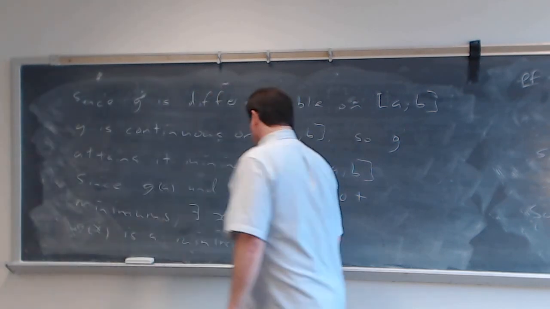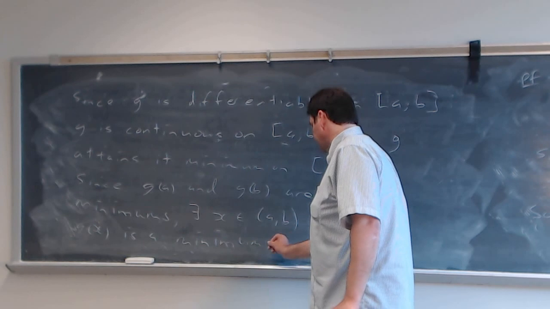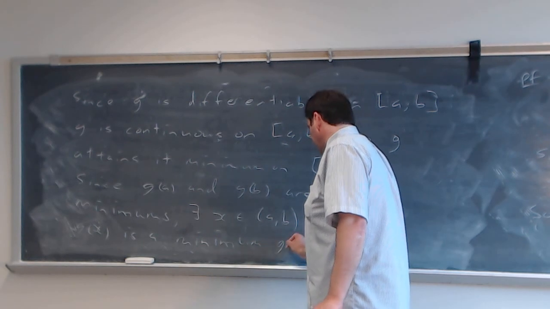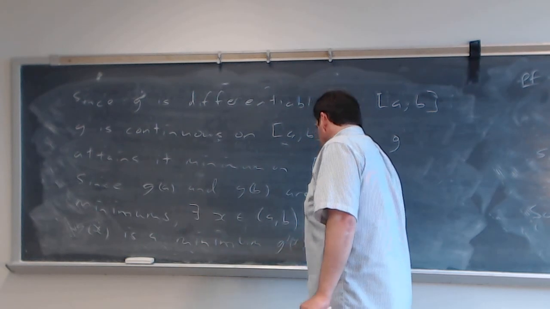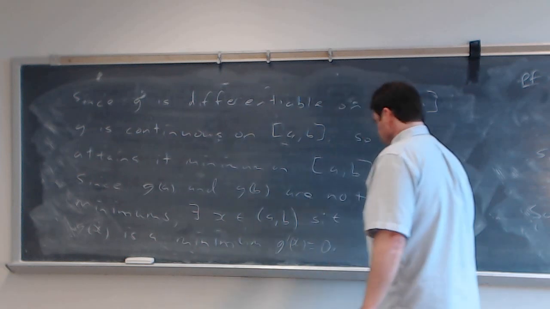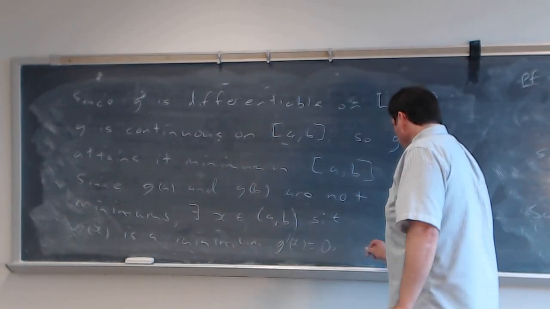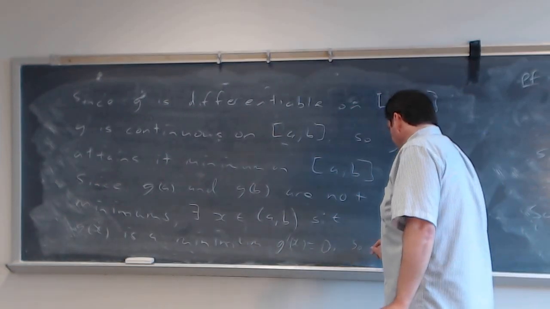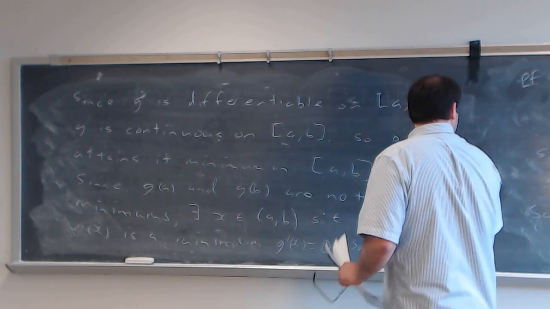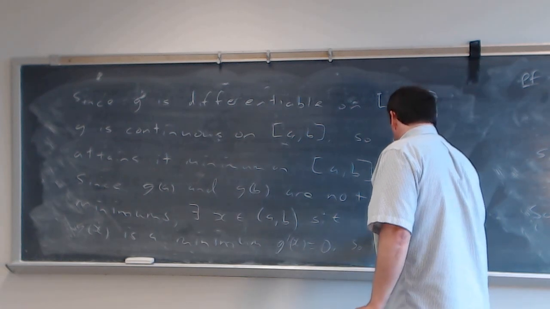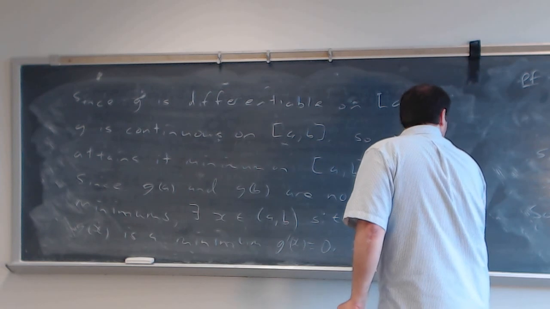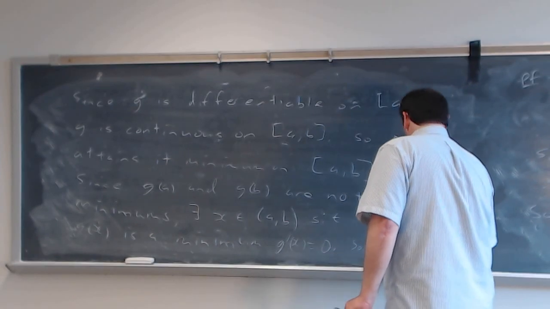So since g is differentiable, g prime of x exists, and since it's a local minimum, then g prime of x must be equal to 0. So what does that say? Remember what g was defined to be. This says that f prime of x minus lambda has to be equal to 0.